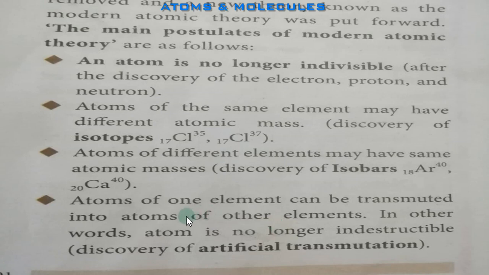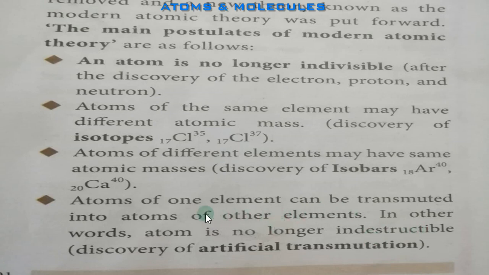That means one element can be converted into another element, like plastics. Some plastics you can easily recycle and reuse, right? Some types of plastic cannot be recycled. So recycled plastics, we will not destroy, right? So it is indestructible. Have you understood?